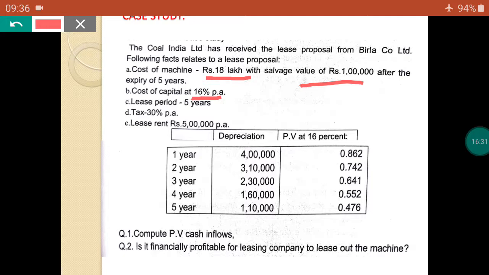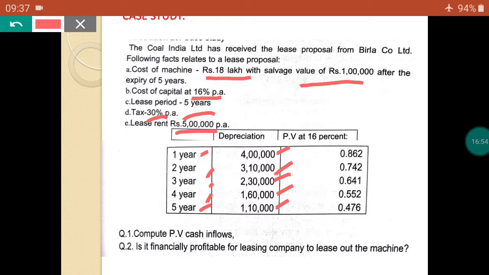16% per annum. Lease period is 5 years, tax is 30% here, and lease rent is 5 lakh, and they are providing first year, second year, third year, fourth year, fifth year. Depreciation is first year 4 lakh, second year 3 lakh 10,000, third year 2 lakh 30,000, fourth year 1 lakh 60,000, and fifth year 1 lakh 10,000.